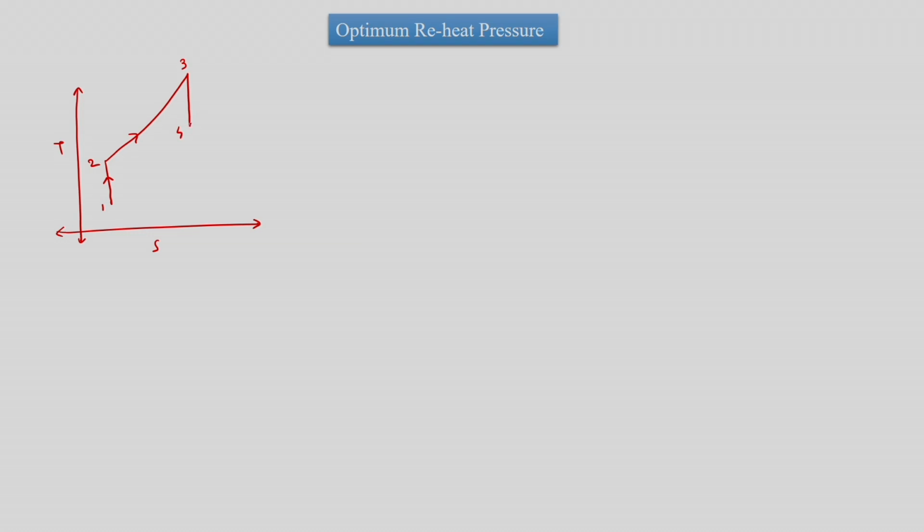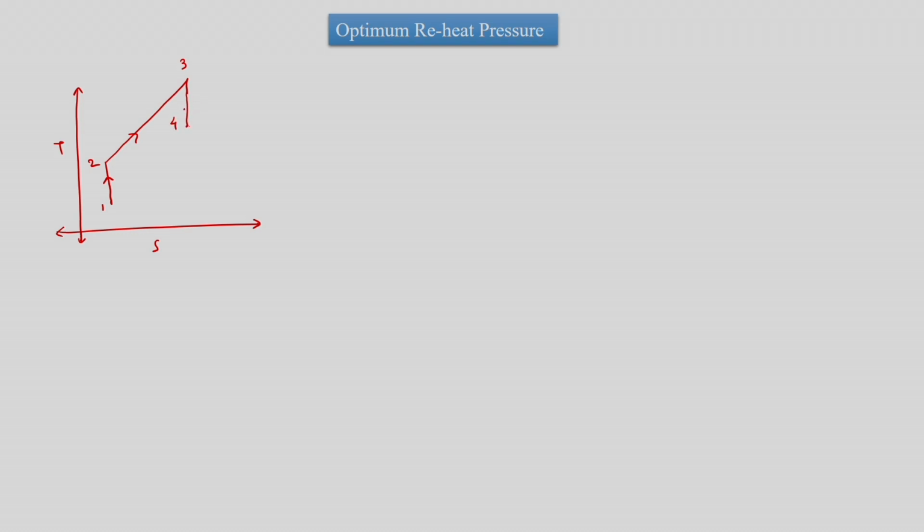But why is this point 4 here? This point 4 can be here, or this point 4 can be very close to point 3 like this. So there are different ways this location of point 4 is possible.